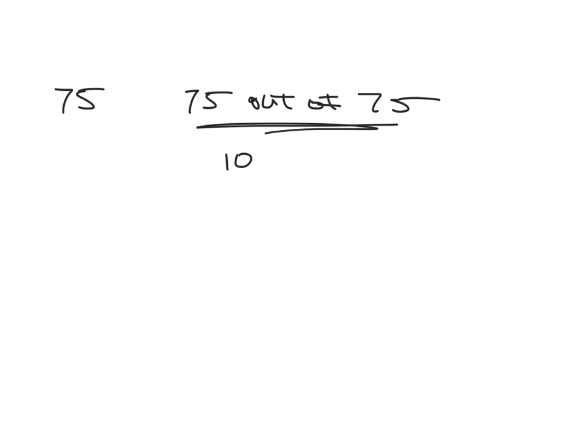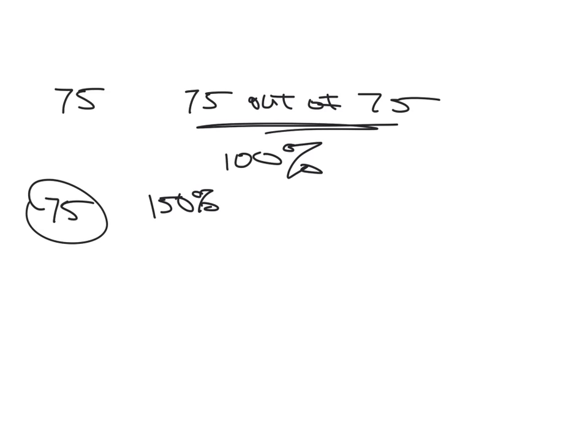If I have 75 out of 75, that means I have 100%, right? So 75 is increased by 150%. Well, 100% is 75, and we're increasing 150%.